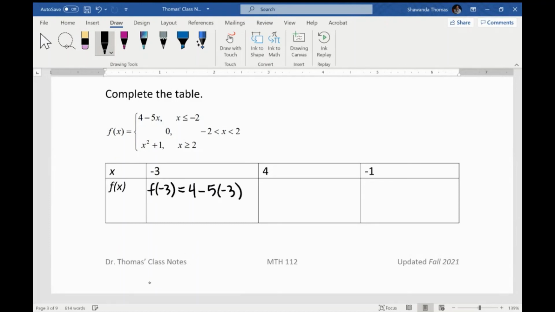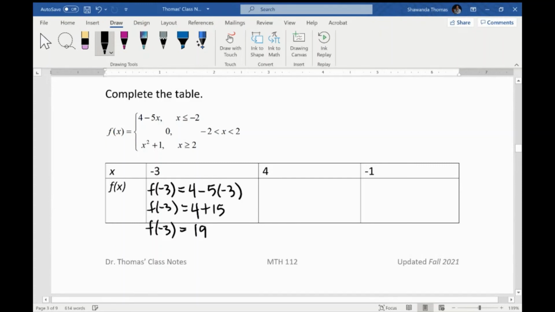All right, so f of -3 equals 4. What goes after 4? Plus 15. Nice. f of -3 equals 4 plus 15, which is 19. Done with that problem. All right, good. Let's move on to the next one.